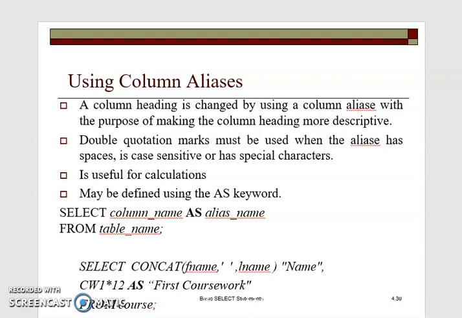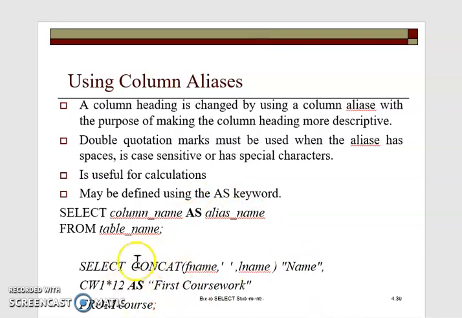The aliases are case sensitive, and they can also have special characters. They are useful for calculations and may be defined using the as keyword. So the as keyword is the one that defines the aliases.